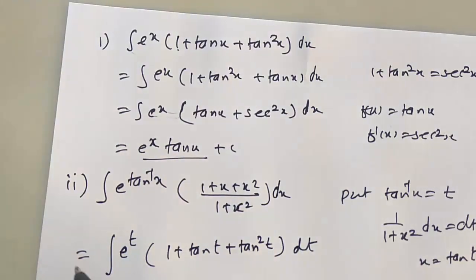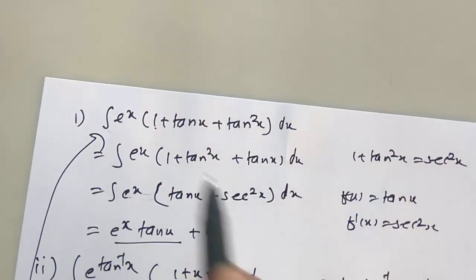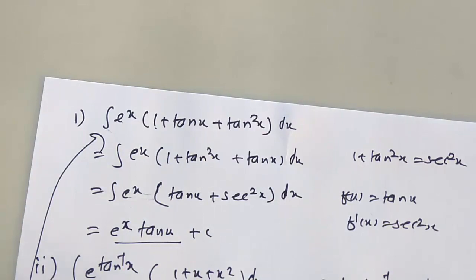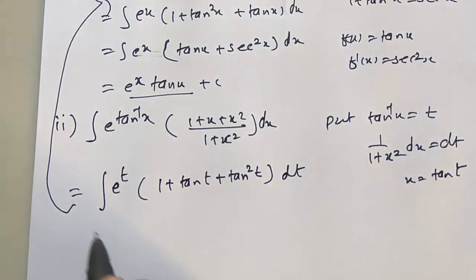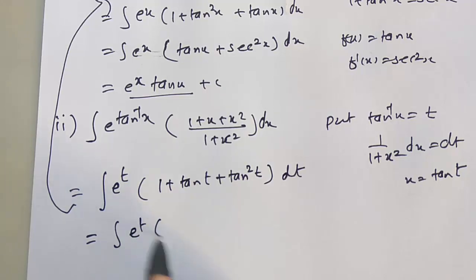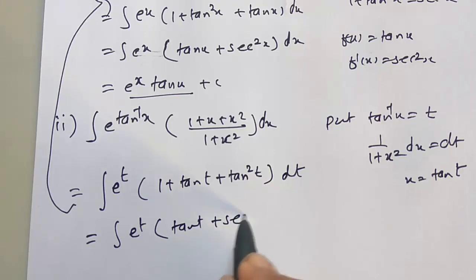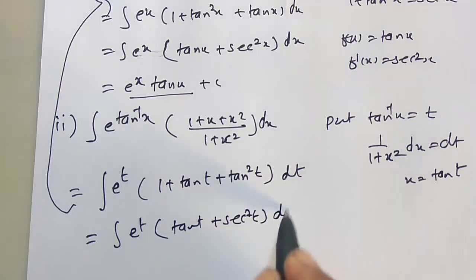Now it is the same as the previous example. So you can take 1 plus tan square t as sec square t. The derivative of tan t is sec square t, and so this is equal to e raised to t, tan t plus sec square t dt.